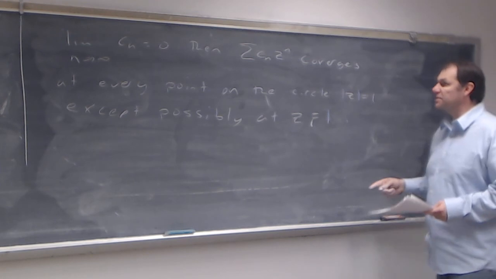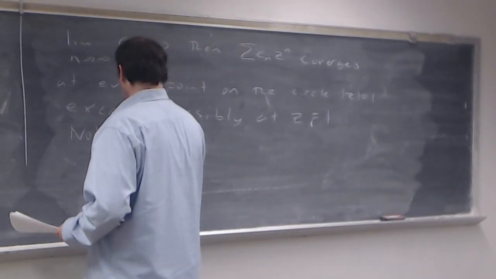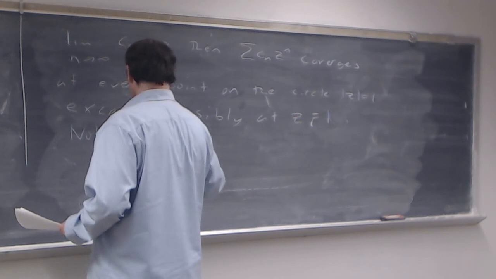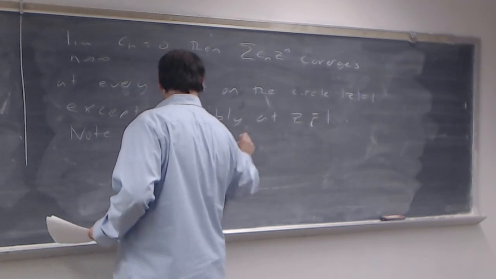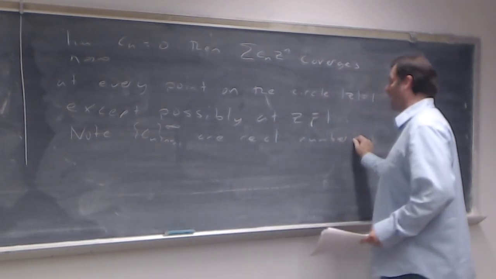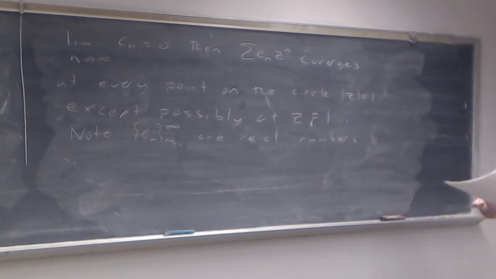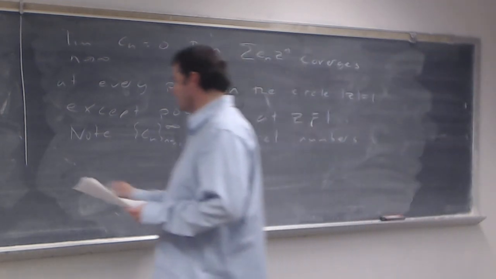And just as a comment in this theorem, let us note that the c sub n's are real numbers. They have to be for us to be able to have the comparison that they are a decreasing sequence. Okay. Let us look at the proof of this.